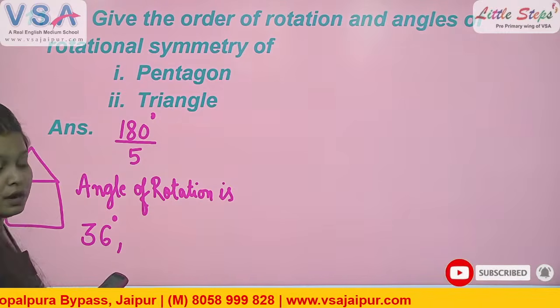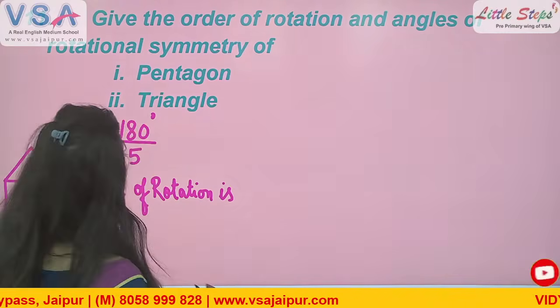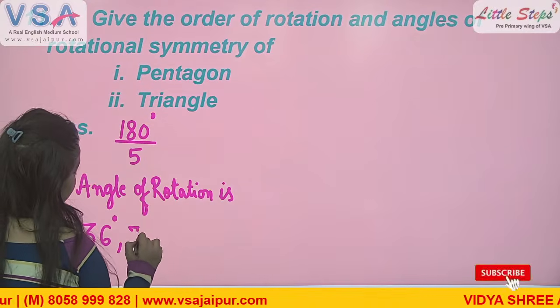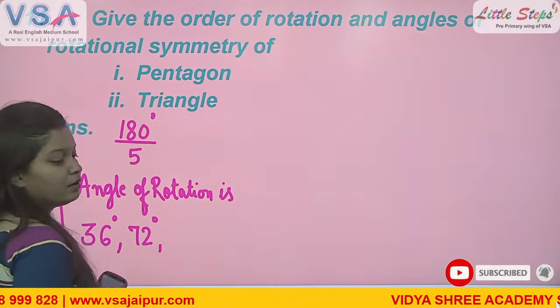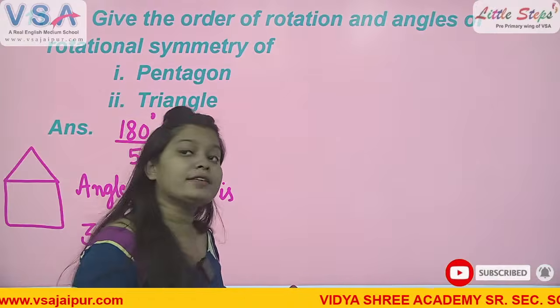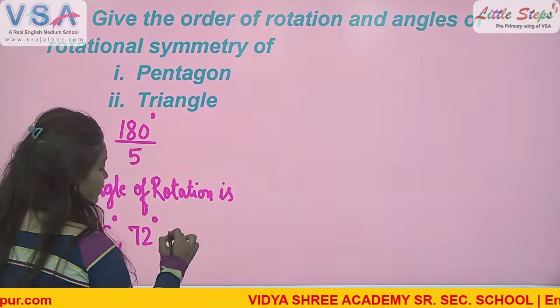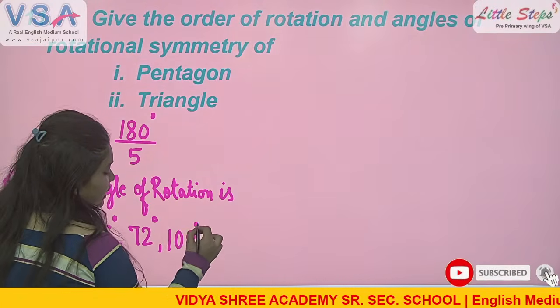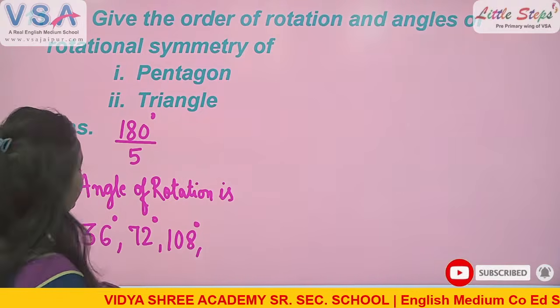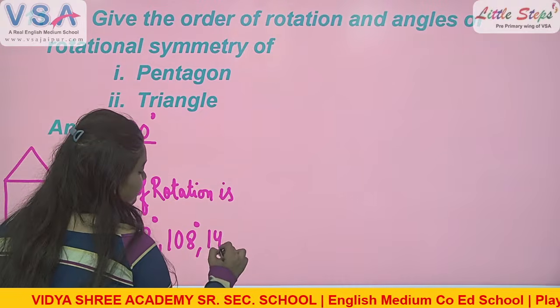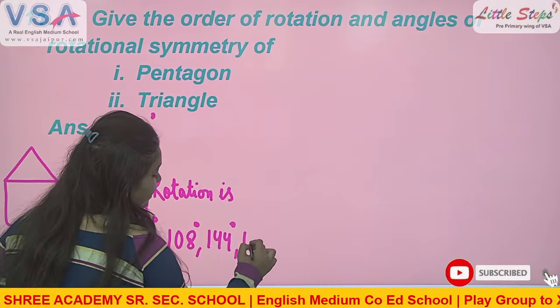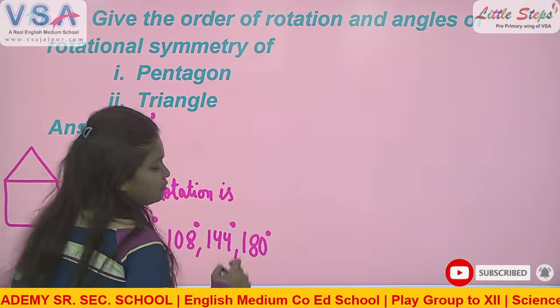You need to add 36. Once again, in the same number 36, we have 72 degree. Then in 72 degree, you have to again add 36 degree. Then what we have, 108 degree. 108 में हम फिर से 36 को ऐड करेंगे. We have 140 degree, 144 degree, and in last we have 180 degree.